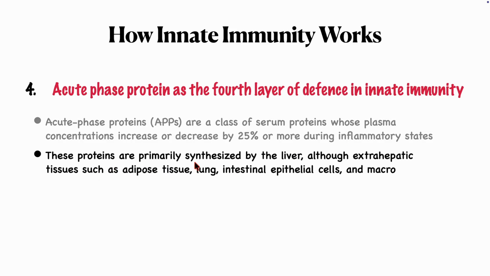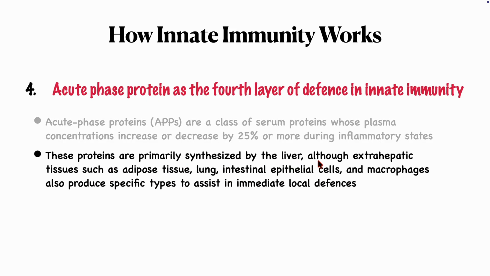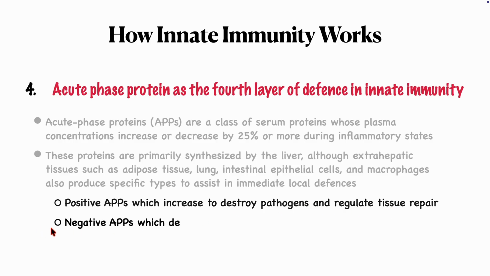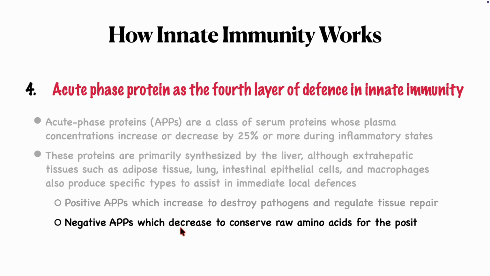These proteins are primarily synthesized by the liver, although extrahepatic tissues such as adipose tissue, lung, intestinal epithelial cells, and macrophages also produce specific types to assist in immediate local defenses. APPs are divided into positive APPs, which increase to destroy pathogens and regulate tissue repair, and negative APPs, which decrease to conserve raw amino acids for the positive response.